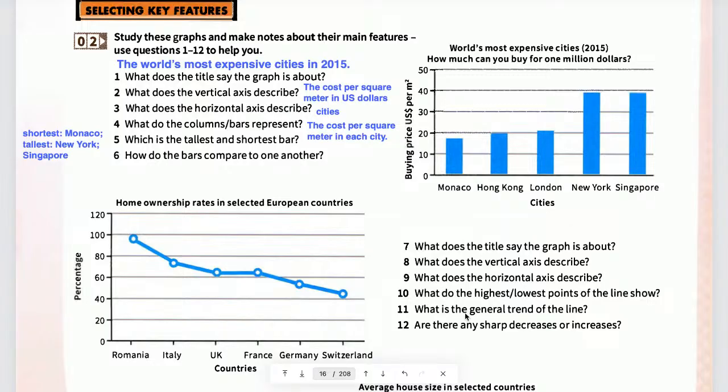Those three are quite similar to each other, just a little bit different. If we have to compare these cities, which ones are more expensive than the others? We can see that New York and Singapore are much more expensive compared with Monaco, Hong Kong, and London, right?